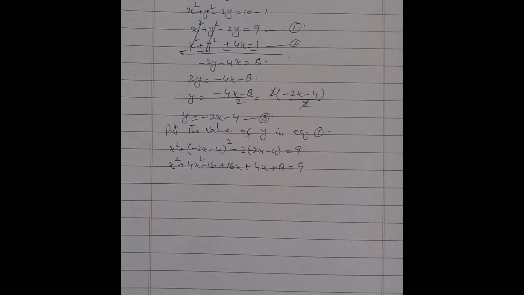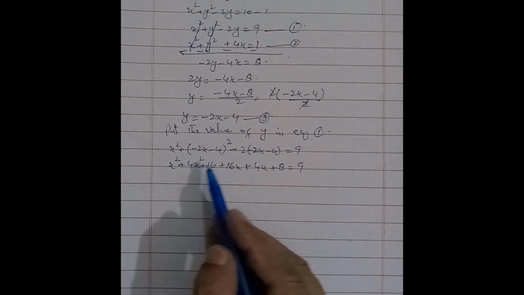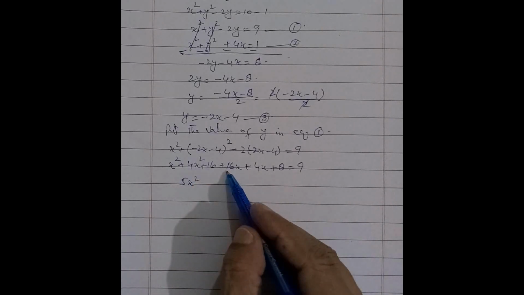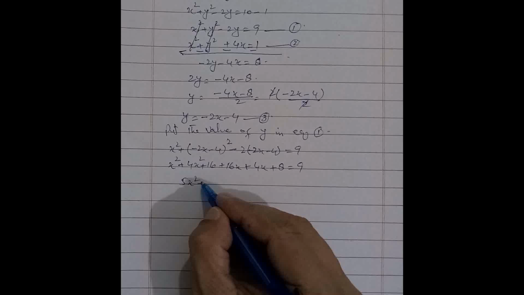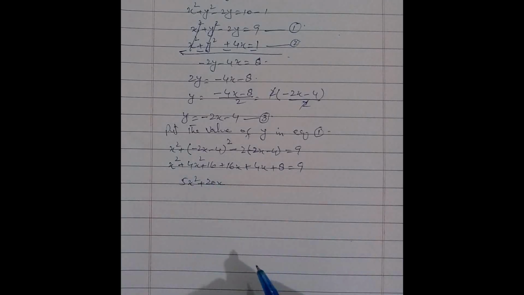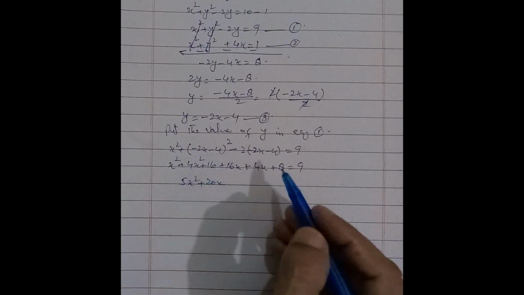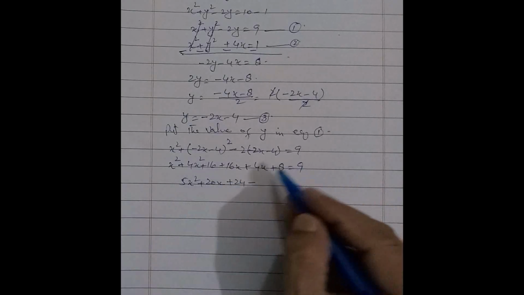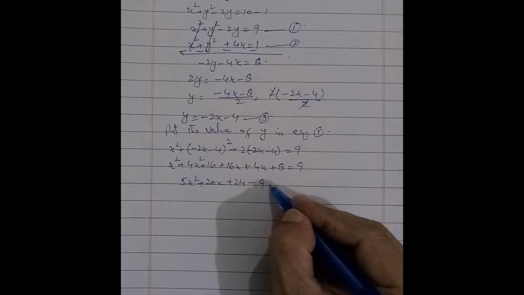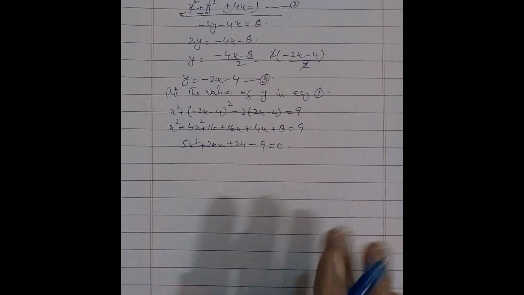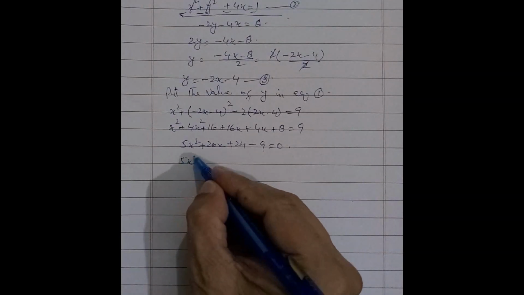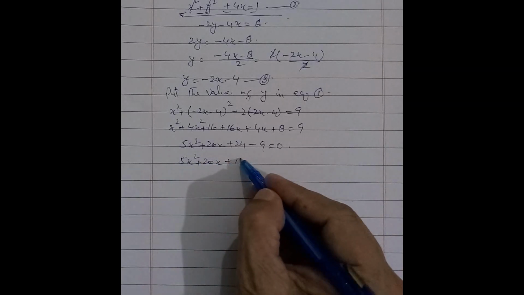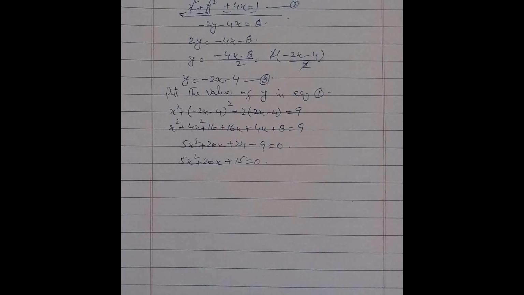And now we simplify these values. X square plus 4x square we get 5x square. 16x plus 4x we get 20x. 16 plus 8 we get 24, and we shift this minus 9 to the left side, it is equal to 0. Then simplify: 5x square plus 20x plus 15 is equal to 0.